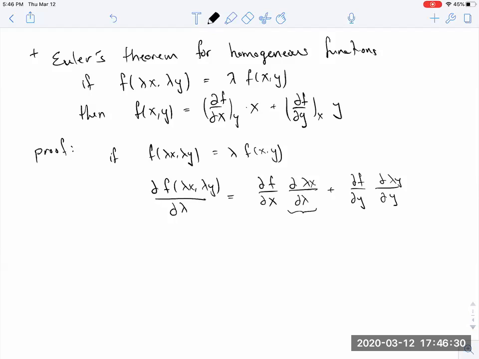So this derivative is easy to do, that's just x. This derivative is easy to do, that's just y.